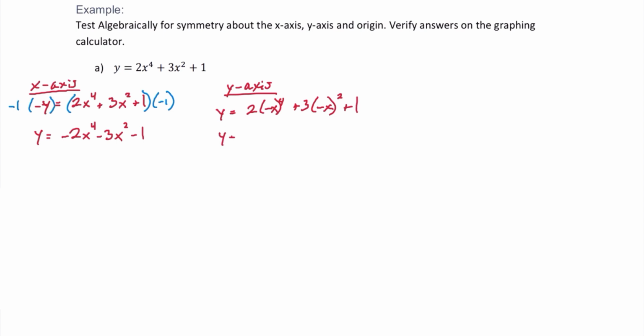Simplifying this, we get 2x to the fourth plus 3x squared plus 1. And notice that this is identical to the original equation, so that means we have symmetry with respect to the y-axis.